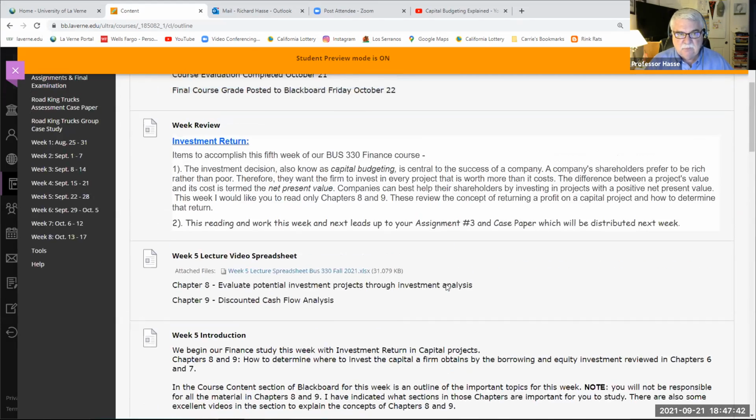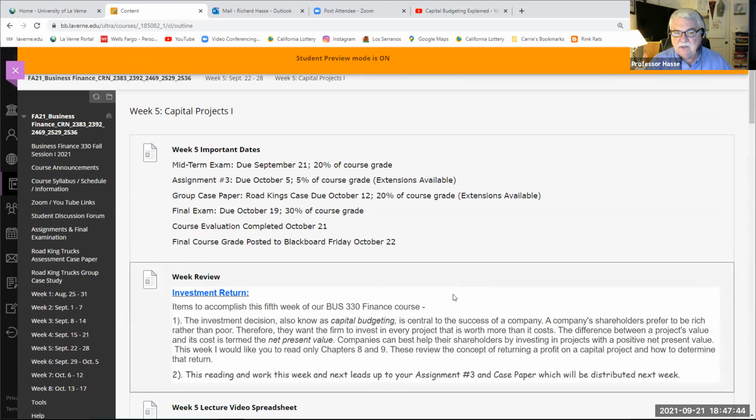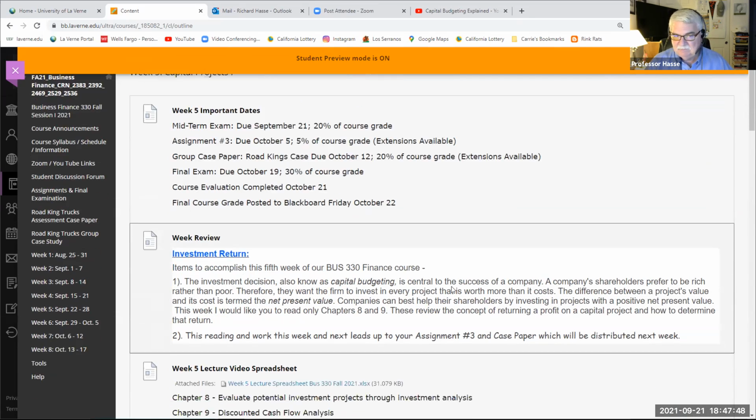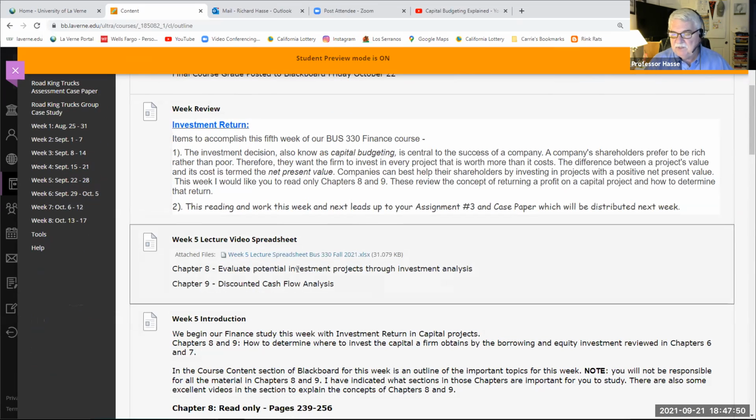Make sure you take a look at these and are prepared over the next few days. Here's a spreadsheet that we'll be using in our lecture on Wednesday evening. You might want to download it and take a look. We'll be doing the chapter 8 and 9 problems in that spreadsheet, which are good practice for capital budgeting.